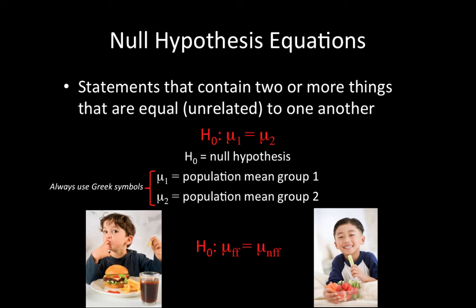Whenever we use equations, when we're writing out our groups, we want to use subscripts to help us denote which group is which. I've used FF for fast food and NFF for not fast food. You can use anything arbitrarily, but you want to make sure that you're using something that makes sense and that somebody who saw the equation can make sense of it given the context of your research question, problem, or hypothesis.